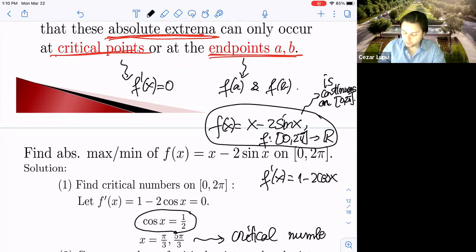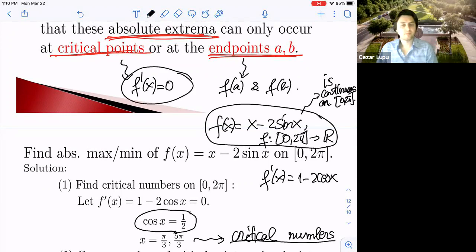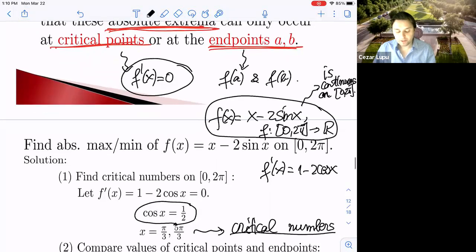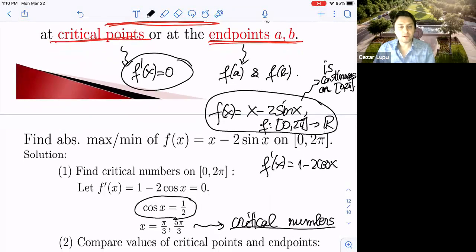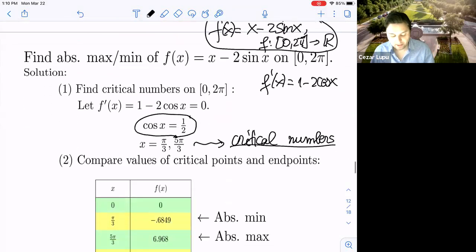Great. And now we will have to evaluate. We will have to compare values of critical points and endpoints.